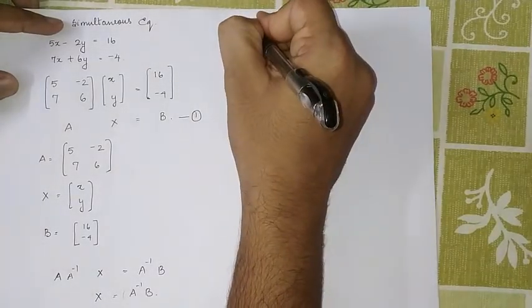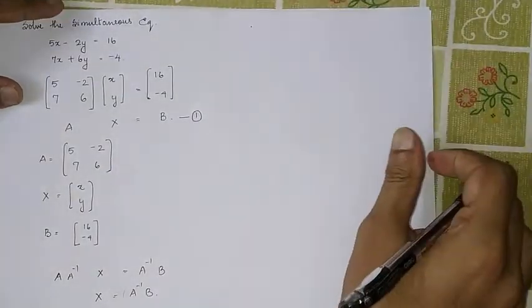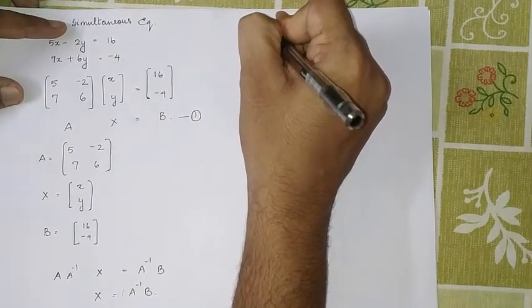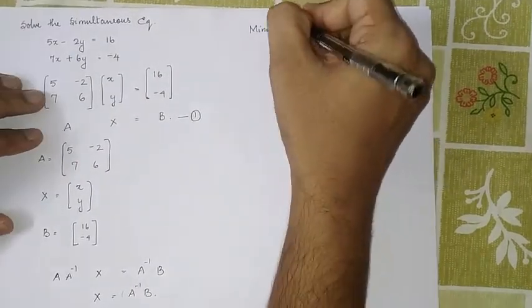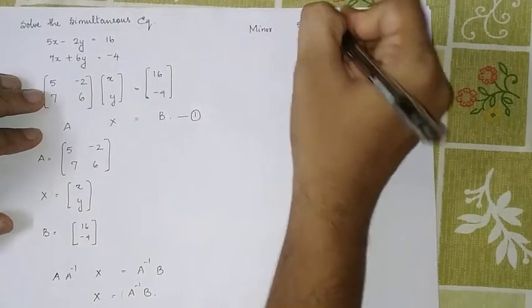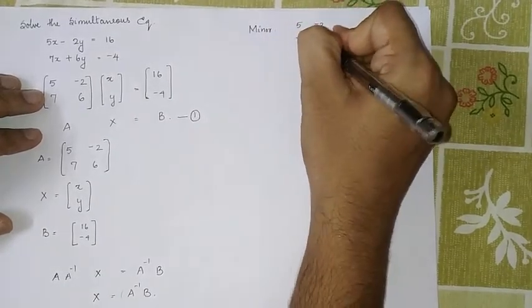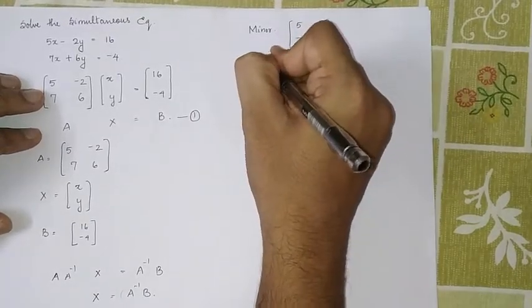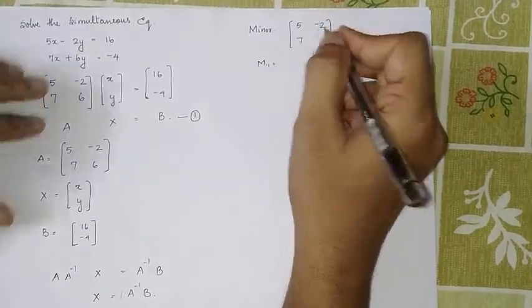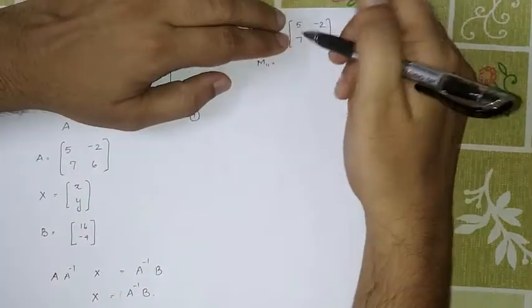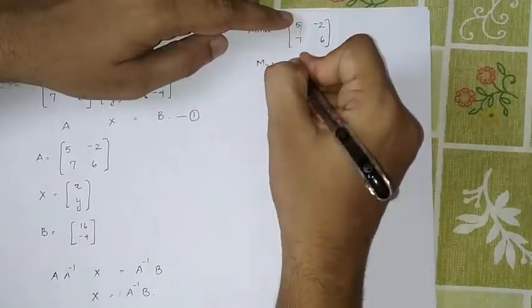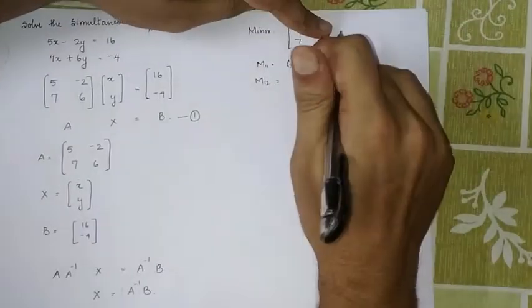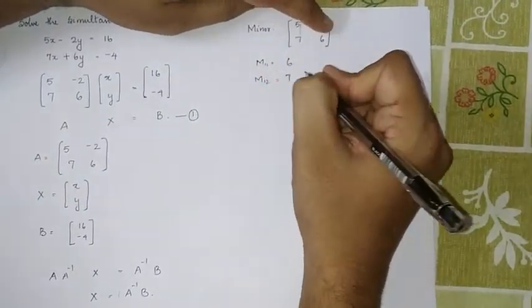When you need to find the A inverse, the first step is finding the minor of 5, minus 2, 7, 6. So M11, you just remove the row and column, you get 6. M12, removing the row and column, you get 7.